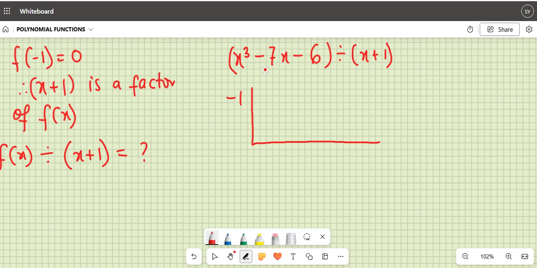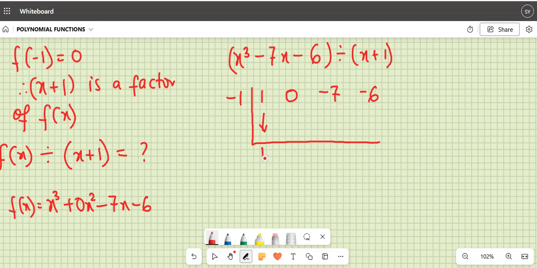Now, when we take a look at this function, the x squared component is missing, but it will be 0. So we can write f of x as x cubed plus 0x squared minus 7x minus 6. That is how we are going to write it for the division. We put down our coefficients 1, 0, negative 7, negative 6. We should not leave any components out.